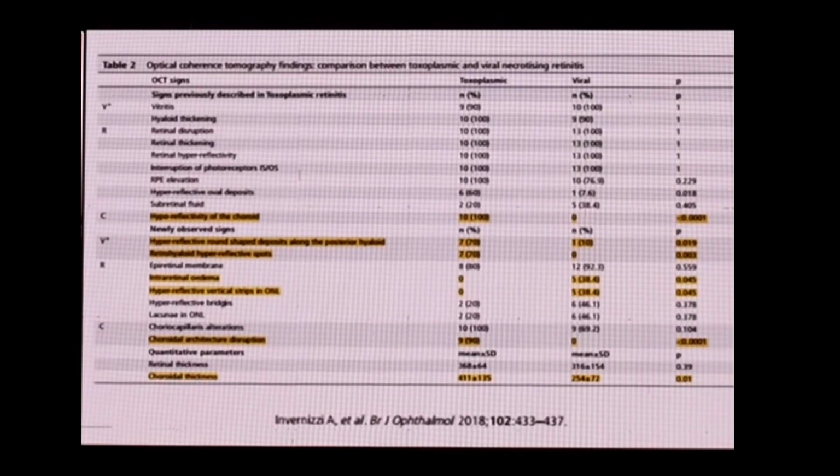This article cites that: all 10 cases in the toxo group had hyporeflectivity of the choroid, whereas none of the viral had. Choroid involvement is much more common with toxo and not seen in viral, in comparison with intraretinal edema and hyperreflective vertical strips, which are more common in viral.